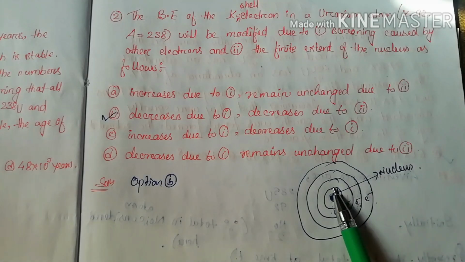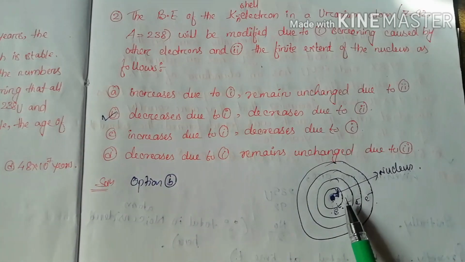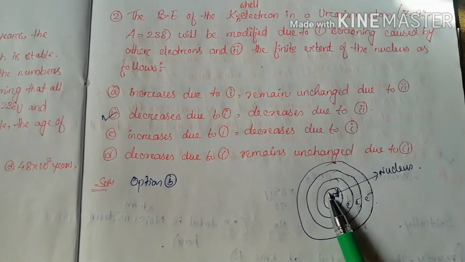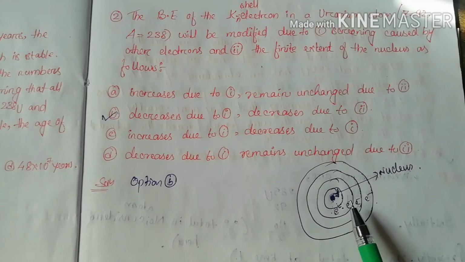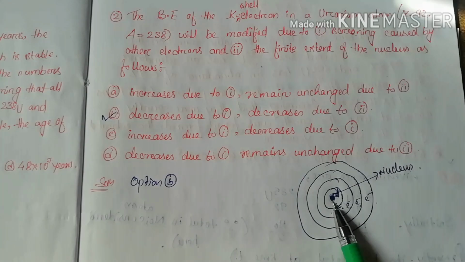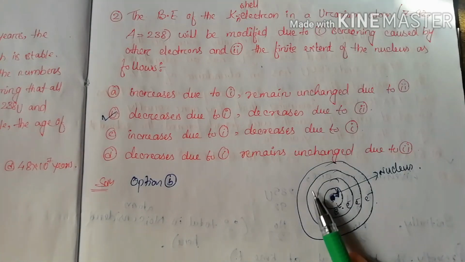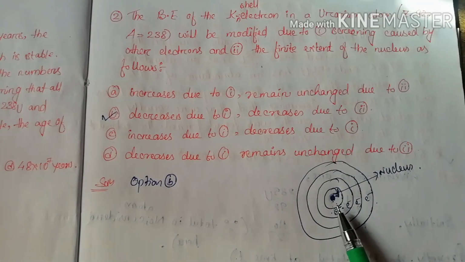And also, the nucleus is positively charged, and we know that nuclear forces are short range forces. So the effect of this attraction will be only up to a certain range, and after a certain range it will not work, and that will also allow the electron to come out very easily from the K shell.